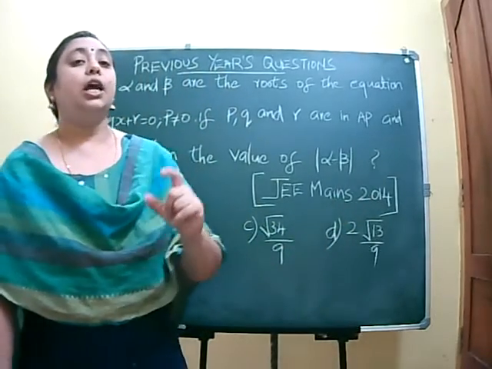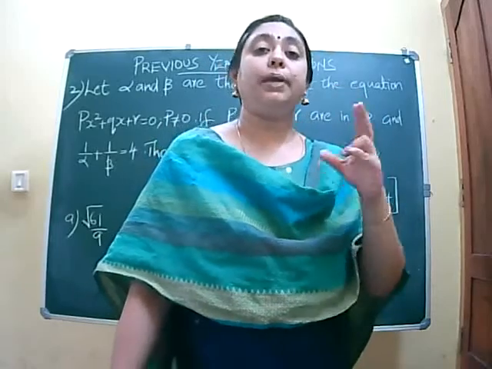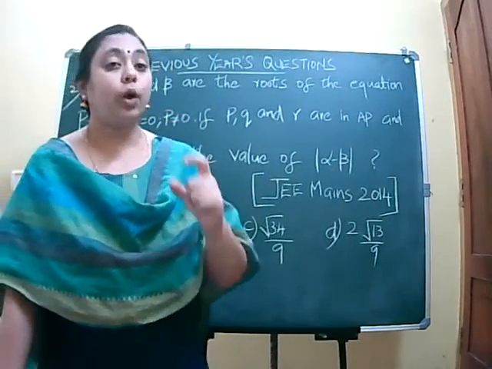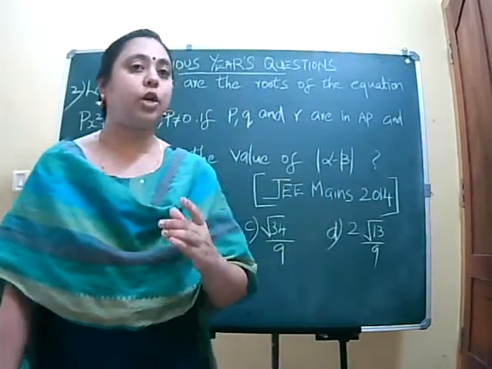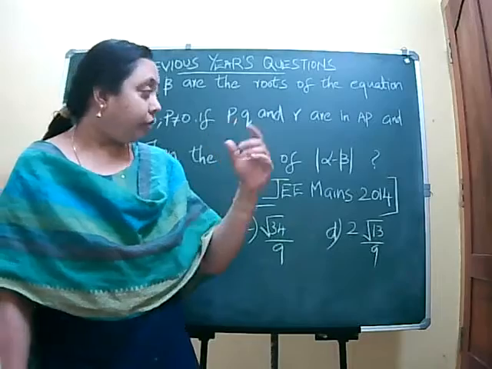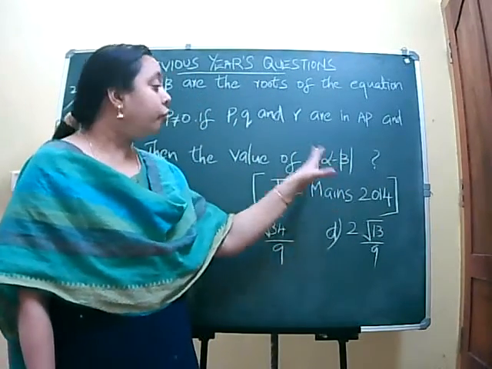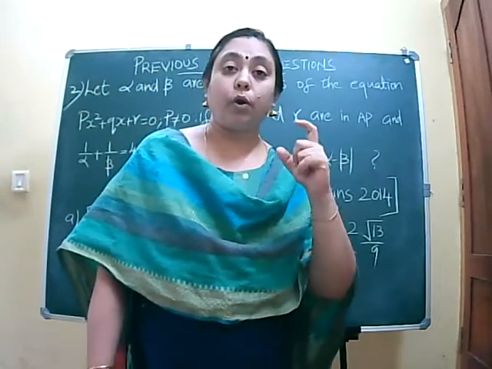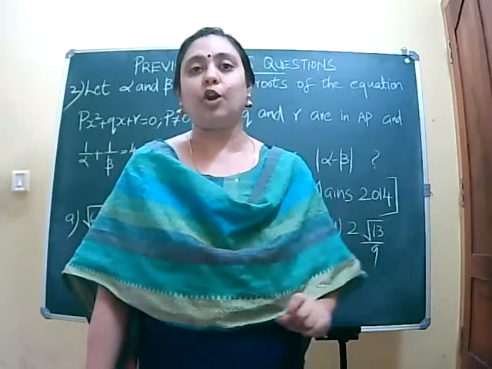For that, we find the value of alpha minus beta the whole square and then take the square root. Here we are asked the modulus value of alpha minus beta, so we take the positive square root of alpha minus beta the whole square.